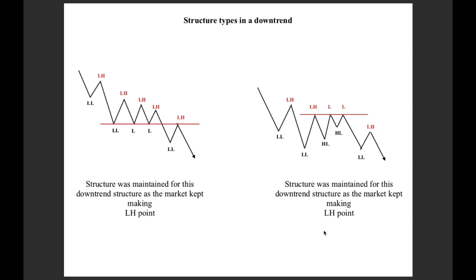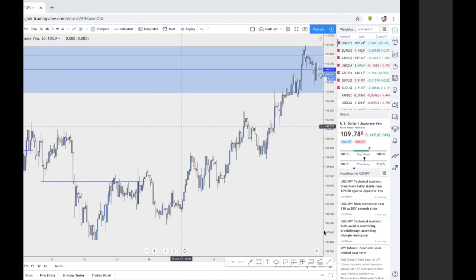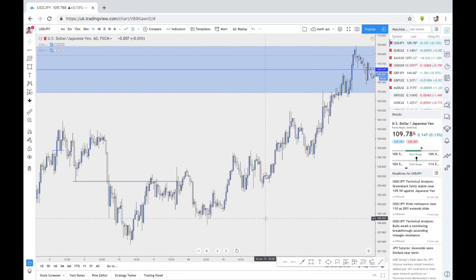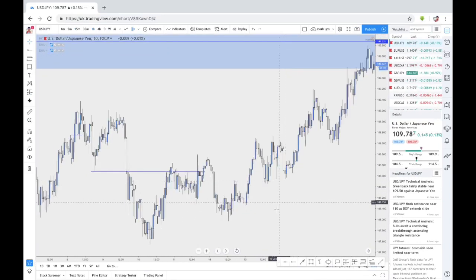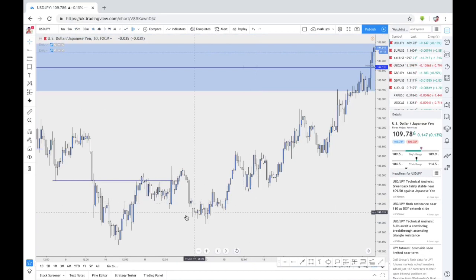Okay, so how does this look on the charts? I found a nice example over here. We'll have our break over there and then our first higher low point over there. This was just a minor retrace, and then we had a push up, creating our higher high, and we had a higher low over here.